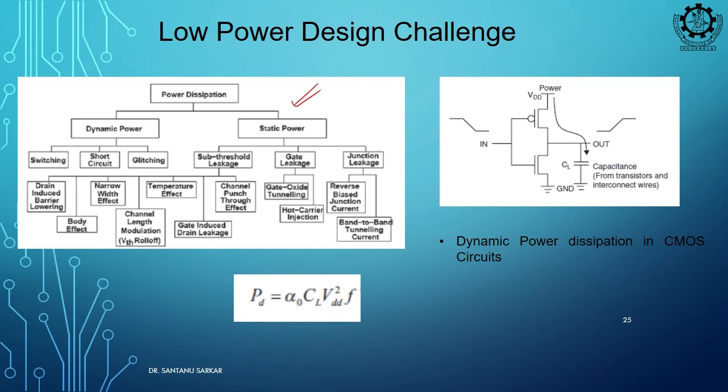For example, suppose your input is at 0 state and it is staying at 0 state. This is the example of static power. And dynamic power, you can understand that the input is moving from 0 to 1 and 1 to 0 and so on.